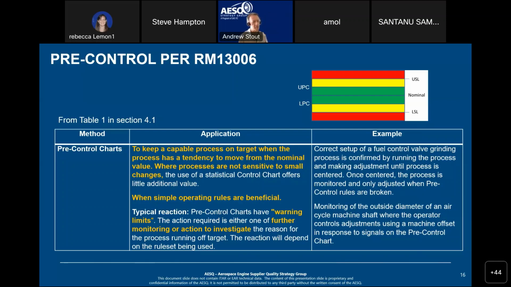There are some examples identified in the RM. If you're doing a grinding process, you can make adjustments as identified when the PreControl rules are broken, or when they show that adjustment or investigation may be needed. Similarly, making an outside diameter, it can indicate when adjustments are required. Okay, next slide, please.